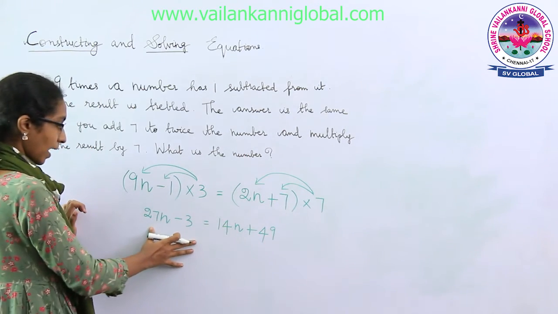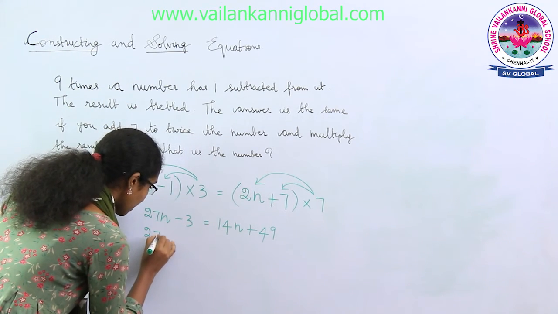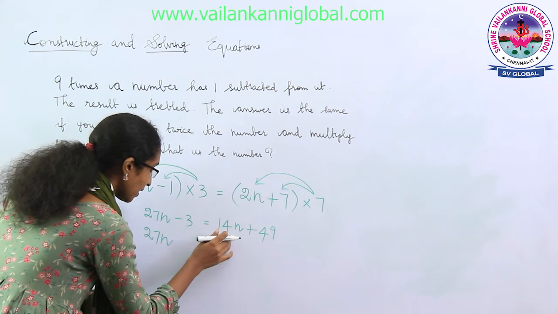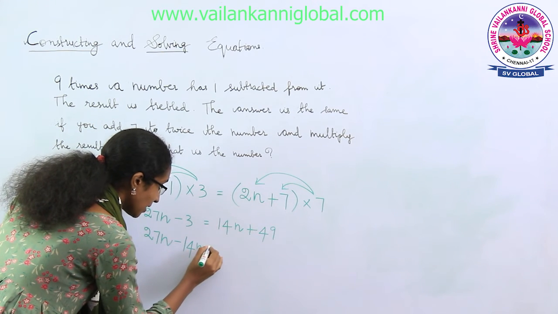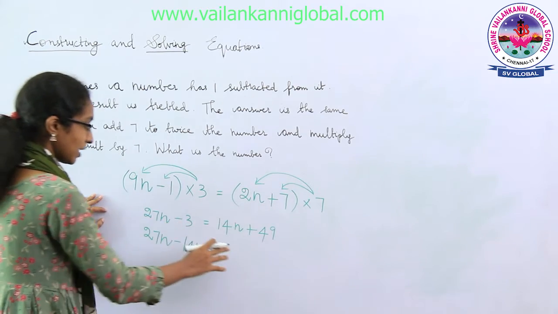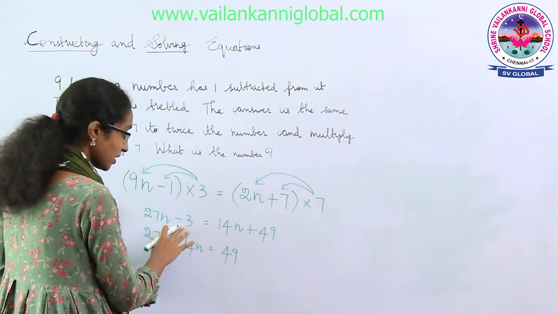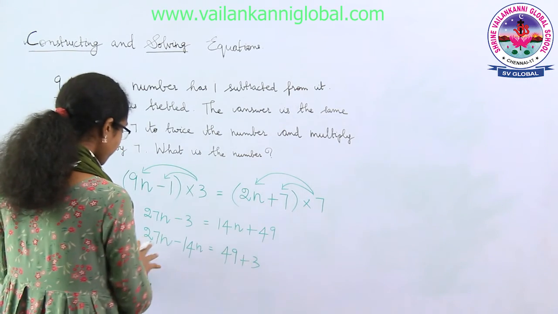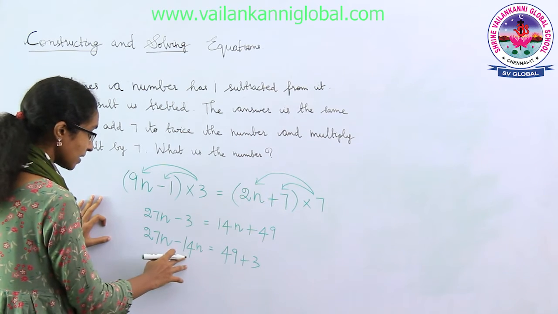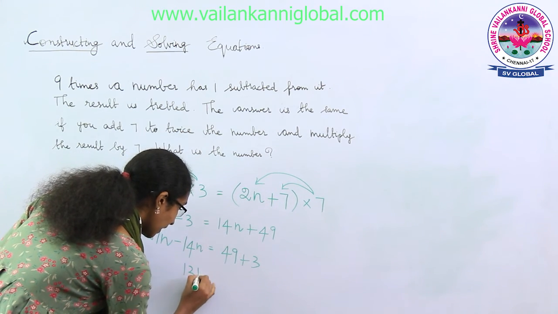So bring the n terms one side and the numbers the other side. So 27n and 14n, which is positive, when it comes to the other side becomes negative. So minus 14n, that is equal to 49. And 3, which is negative, when it comes to the other side becomes plus 3. So 27n minus 14n gives 13n.